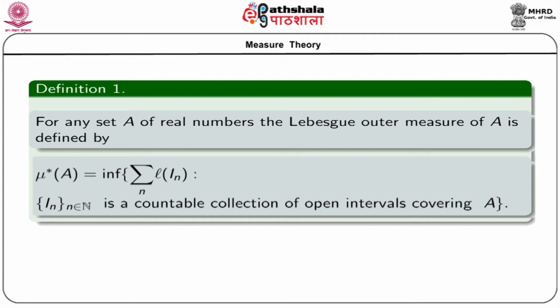So, any of its subsets can also be covered by a countable collection of open intervals, and each open interval has a length, and we can add these numbers. Since all the numbers are non-negative, this sum always exists and it is uniquely determined.